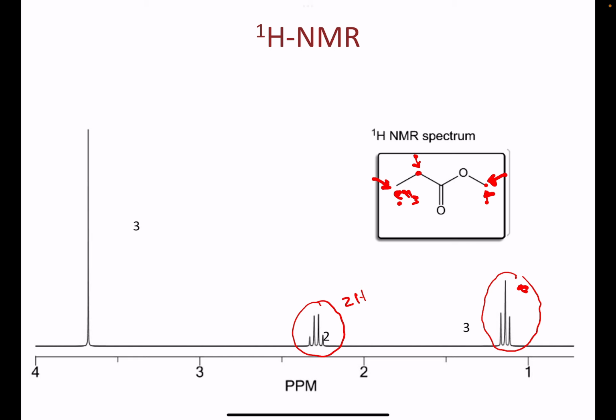And finally the CH3 of the alcohol is going to give you a singlet because there are no protons on the adjacent atom, so there is no splitting, and this is three protons. So this is the difference between these two, and how you can find the structure based on where to find your signals on the spectrum.